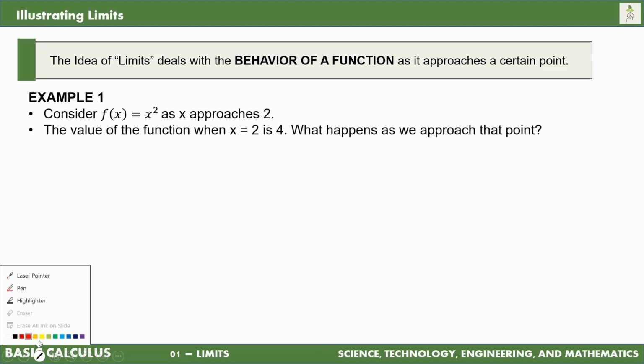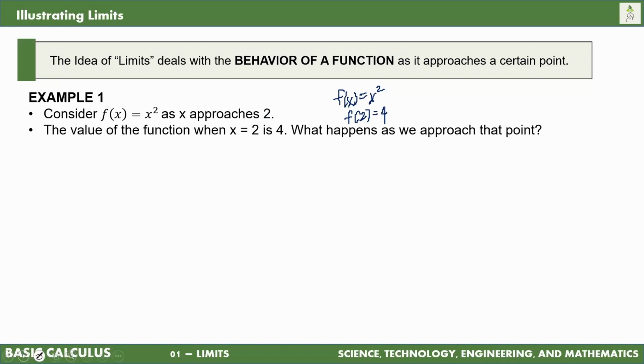The idea is, when we say the value of a function, in this case f of x is equal to x squared, f of 2, which is when x is equal to 2, is equal to 4. And that is what's happening exactly at that point. But when we say limits, we are concerned with what's happening around that point. In this case, 2.